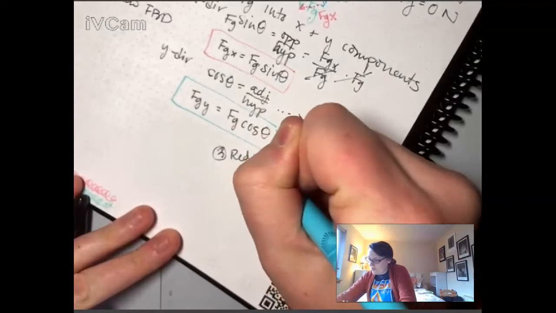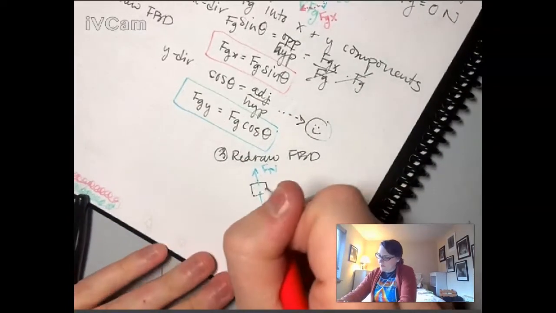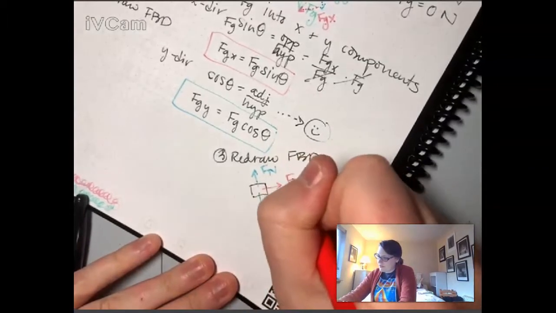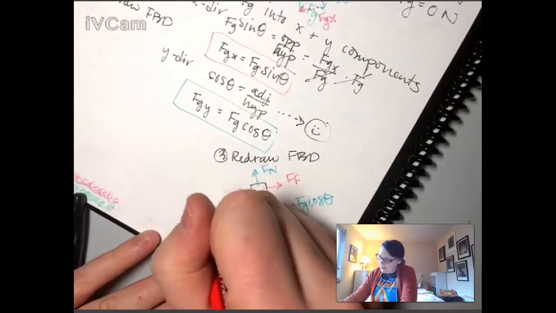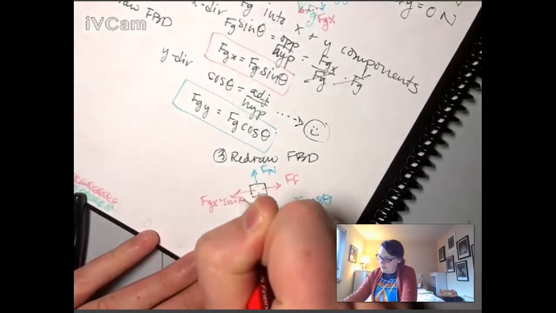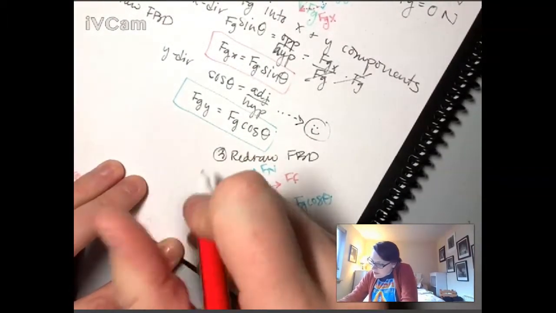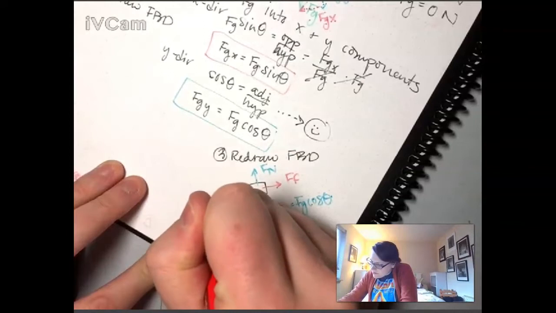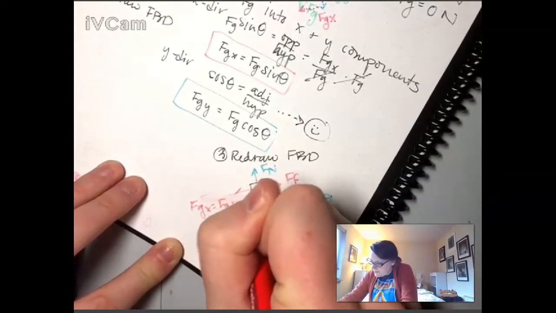I've got the normal force acting upwards. I've got the force of friction acting in this direction. And I've got the force of gravity in the x direction equal to, oh sorry, equal to Fg, almost left it out, times sine of theta.